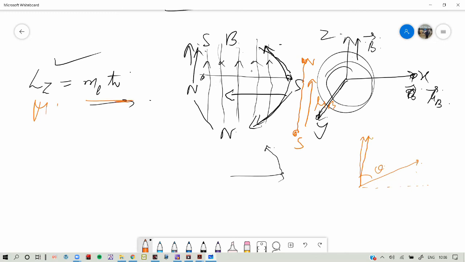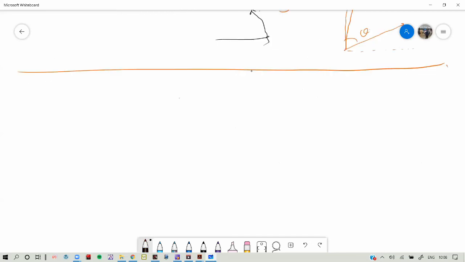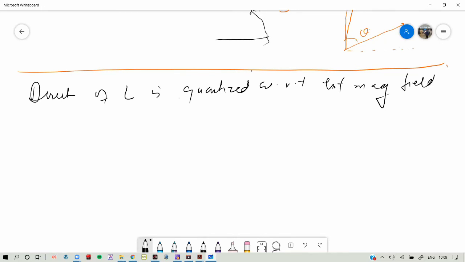So what does it mean? It means that the direction of L is quantized with respect to external magnetic field.